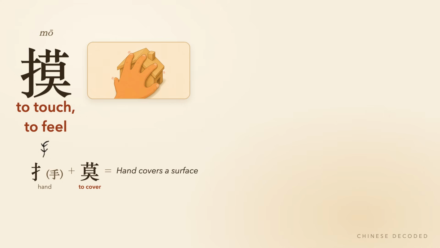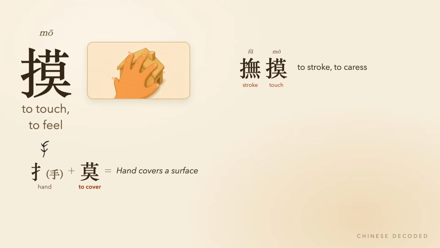摸 means to touch. The hand covering a surface is touching it. 抚摸, to stroke, to caress, touching at its gentlest. But the original cover and take form sense lives on inside compounds of the 摸 character. 摸清事实, to feel out the facts, to keep your hand moving over the matter until its shape comes clear.